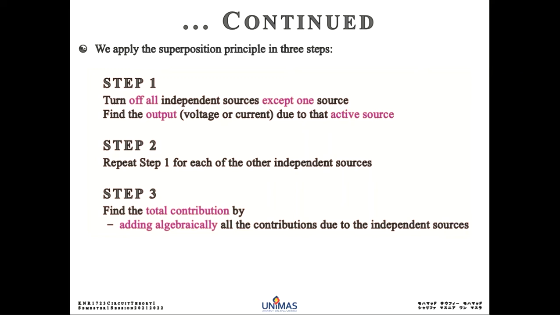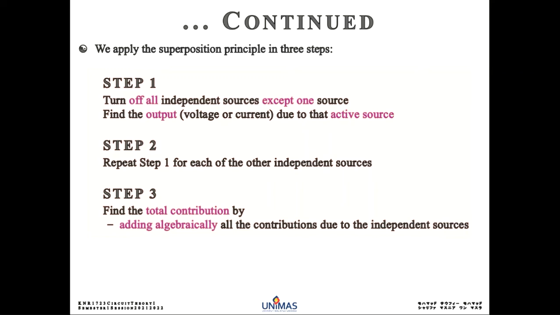First of all, turn off all independent sources except one. Okay. If you turn off all of them, you have nothing to do. So you turn off all except one. So that is the source that you're going to analyze. What is the output of the current or voltage at that particular branch or element.